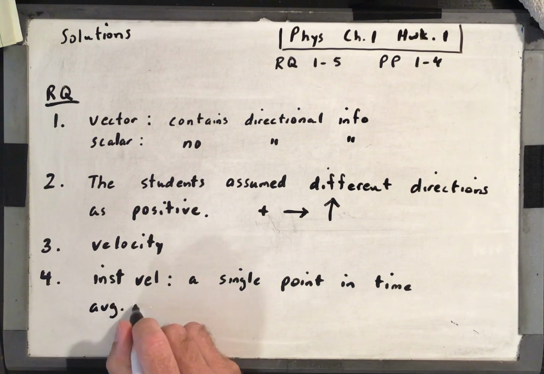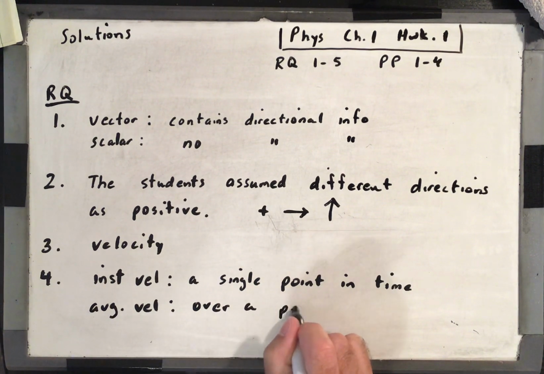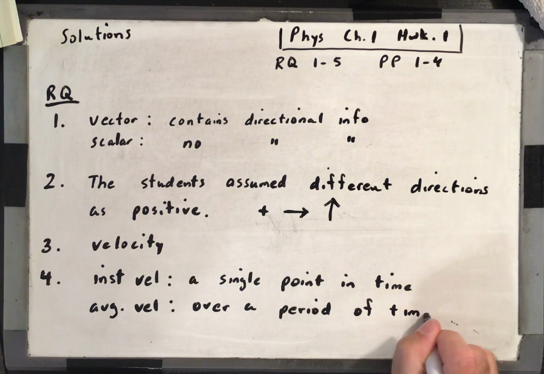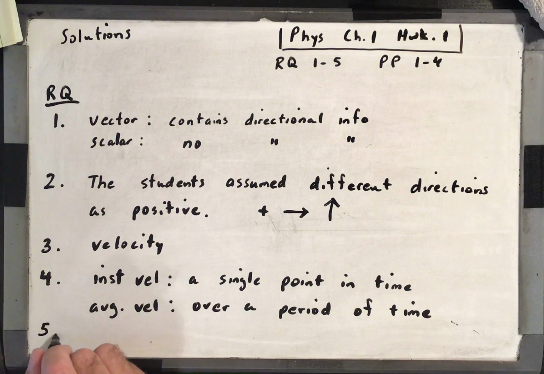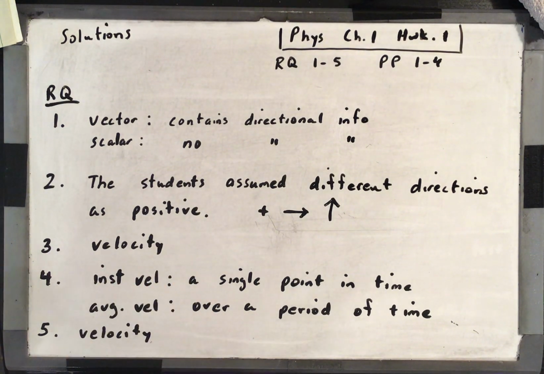Average velocity occurs over a period of time. All right, and number 5, what physical quantity is represented by slope in a position versus time graph? Well, that would be velocity. So the answer is velocity on both number 3 and number 5.